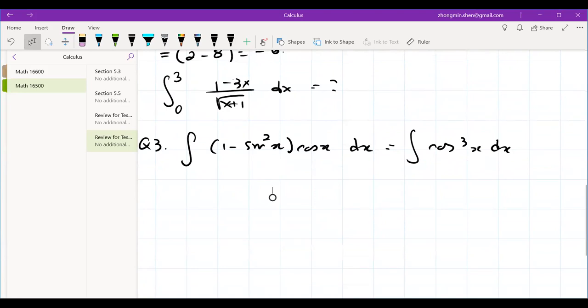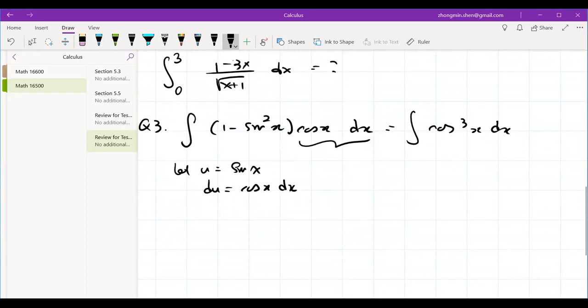If I express it as (1 minus sine squared x) cosine x, then it's natural to use the substitution u equals sine x. Now if you use u equals cosine x, it doesn't work. You have to redo it, okay? So then du equals cosine x dx, and that's good, du, okay? All right, so the integral becomes the integral of 1 minus u squared du.